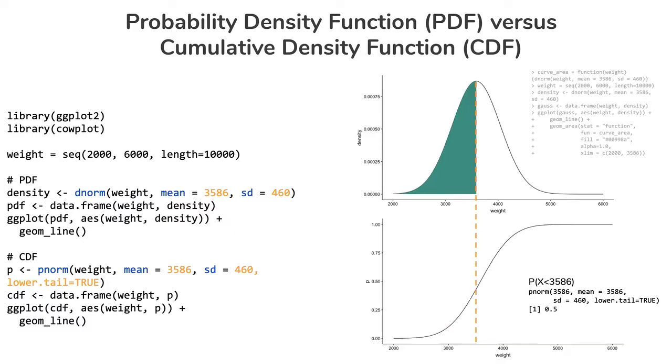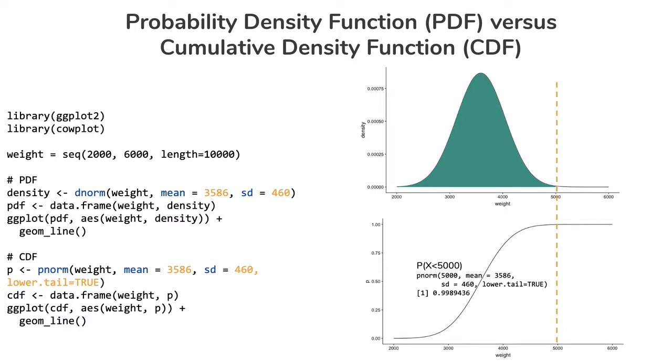So let's march along. Let's say we're looking at 3,586, which is the mean. Well, we know that's the mean, so it should be that 50% of the values are less than that mean. Because this distribution is symmetric, the mean and the median are identical.